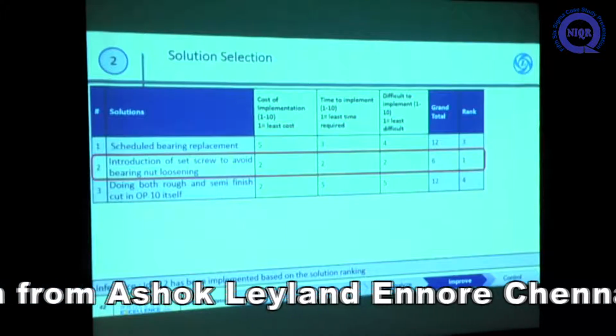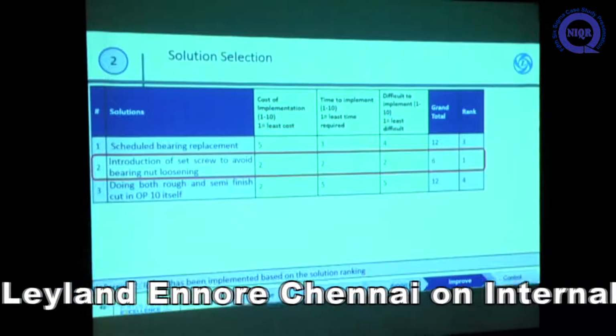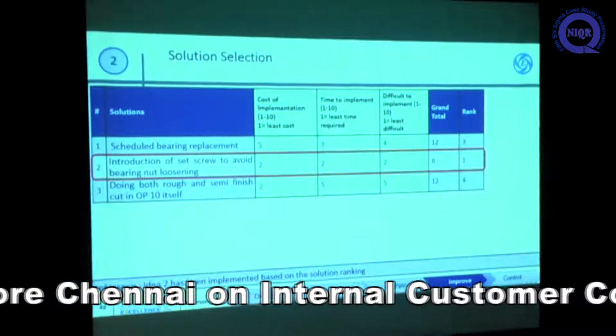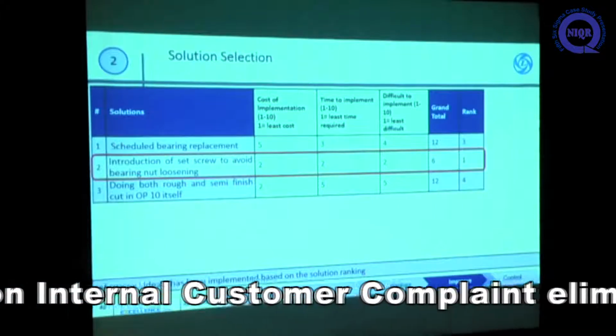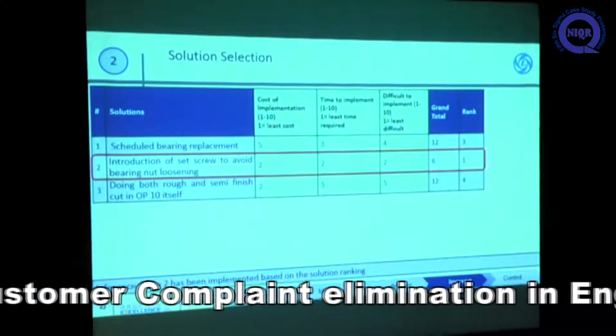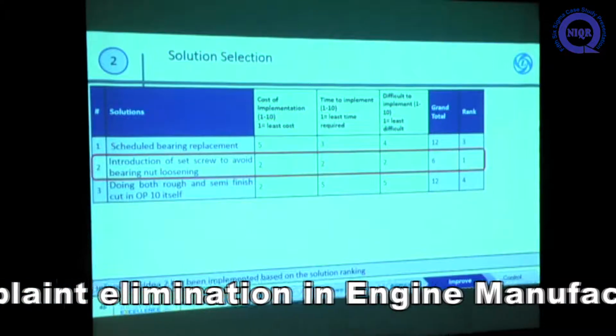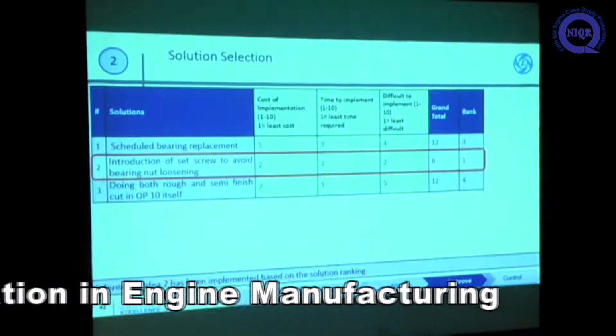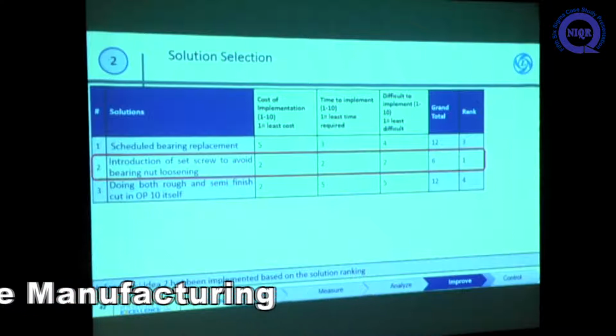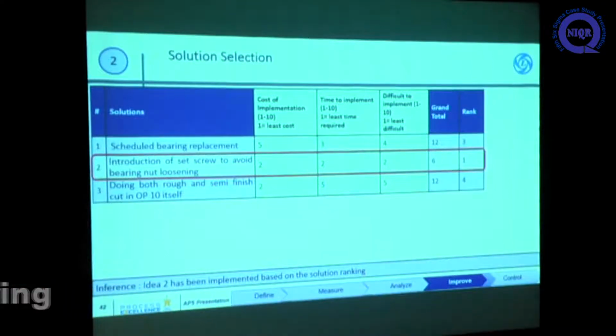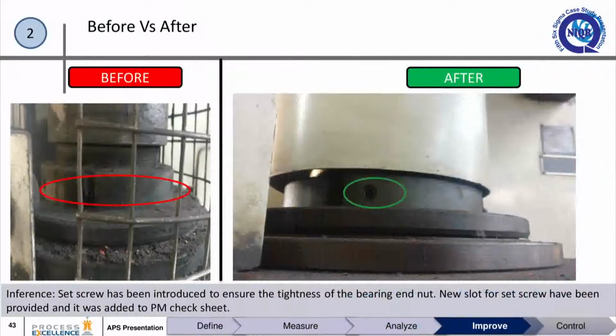What usually used to happen is they would change the taper roller bearing once in 6 to 7 months, which was actually highly time consuming and cost consuming. So we have given an innovative idea just to install a set screw which can eliminate the play of the bearing.